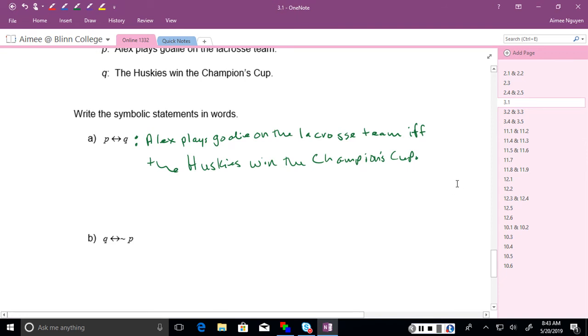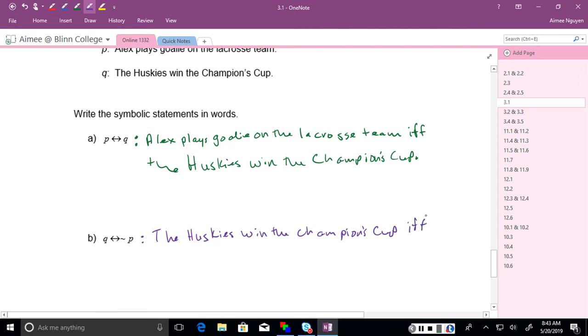So for part B, again, we start with the Huskies winning. And then my biconditional, the if and only if.